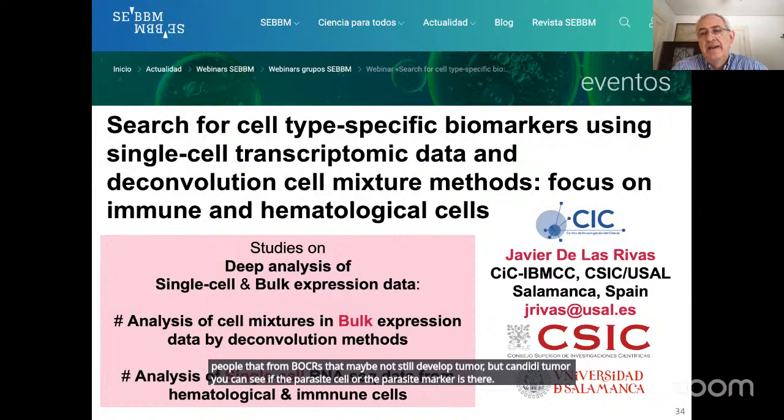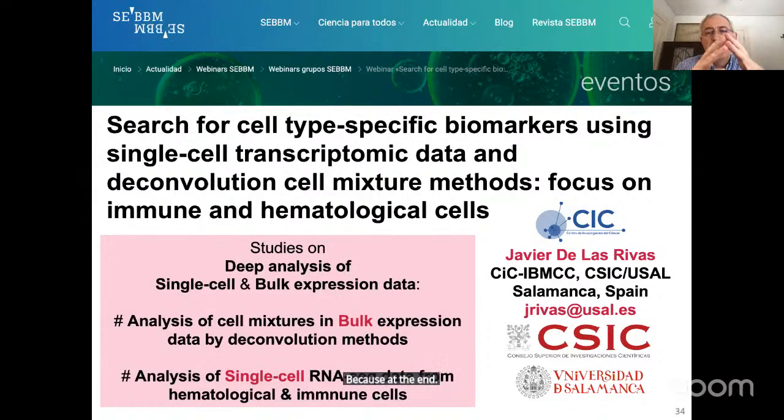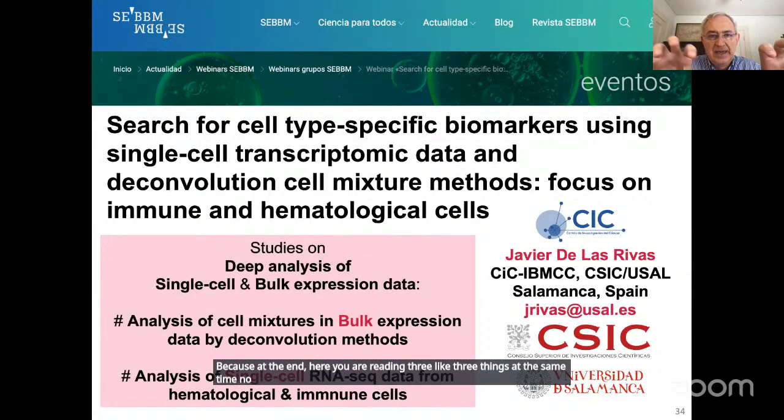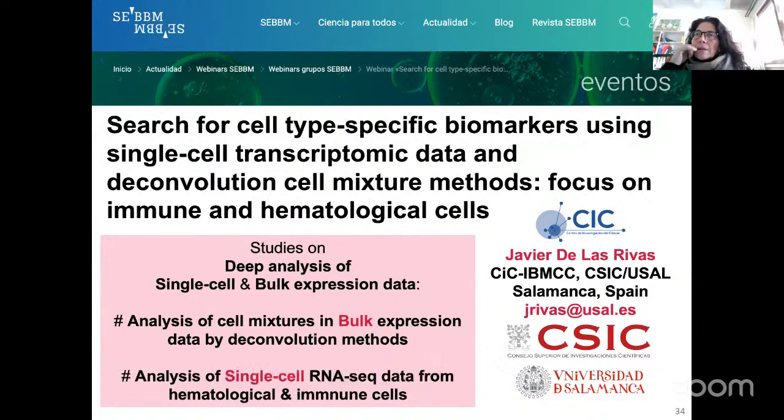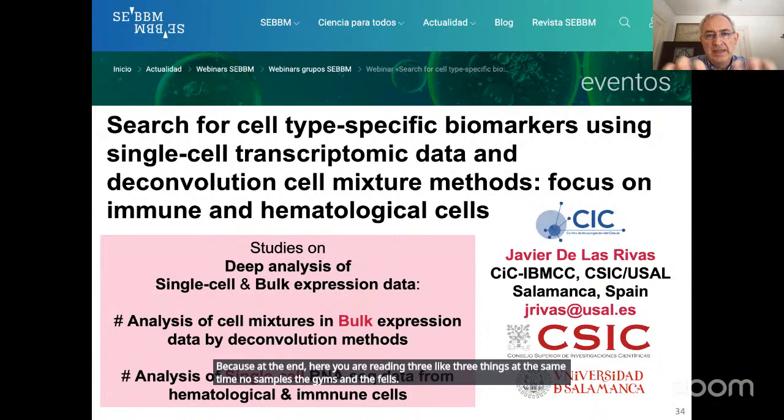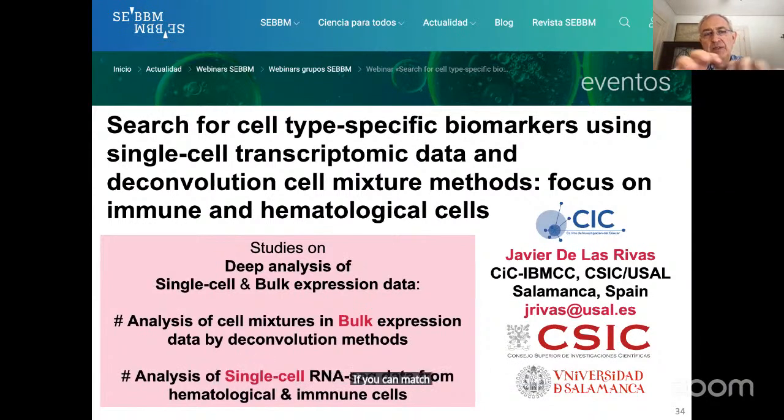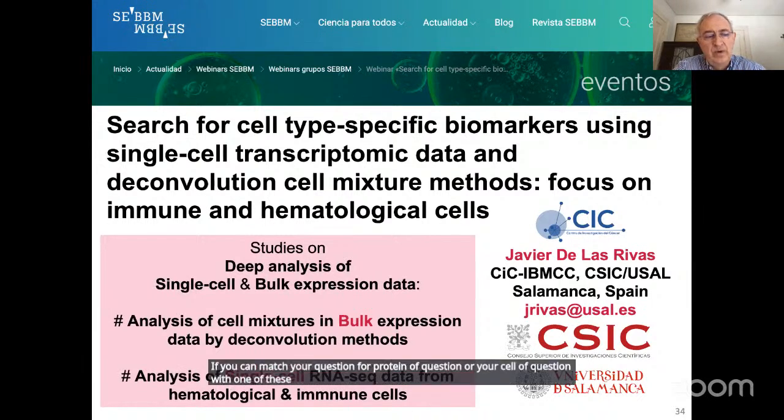Because at the end, you are reading three things at the same time: the samples, the genes, and the cells. So if you can match your question, your protein of question or your cell of question, with one of these, then of course you will be able to see, for example, if this specific marker is more intense in a given part of the human body.